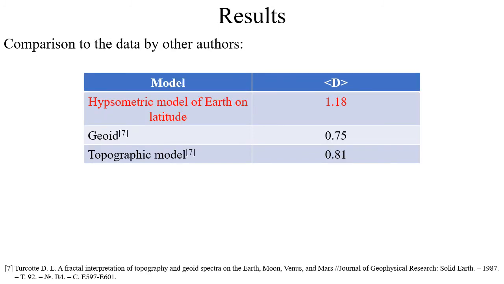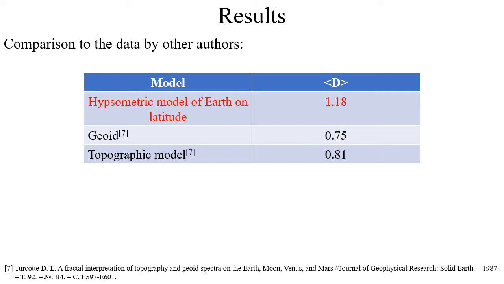After that, we decided to compare our result with the results by other authors, and we analyzed literature and found that Turcotte, a famous scientist, determined fractal dimensions for 2 models of the Earth. The first model was geoid, the second model was the classic topographic model, and for them Turcotte found fractal dimensions.